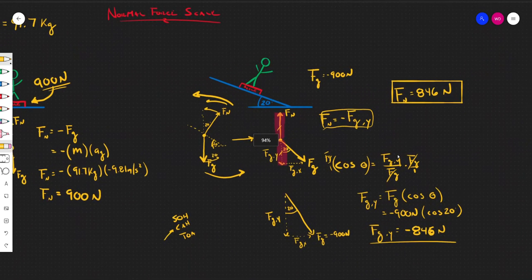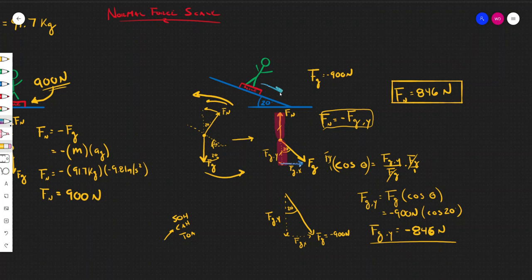And if you're looking at this picture, some of you might go, wait, now this object does not have a net force of 0, because the force of gravity has an x component. There's some force horizontally to the right. So Fgx is an actual force, and if I were to put that up here, it would be going in this direction, pulling me down the ramp.